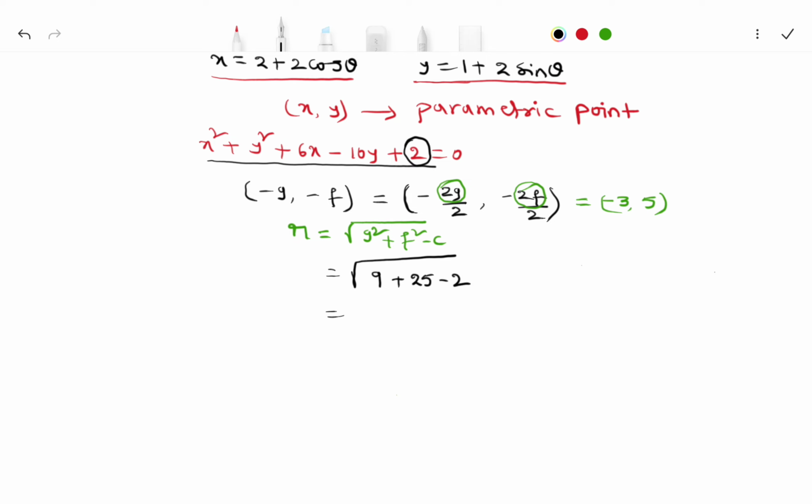This value will be 25 plus 9, that is 34, 34 minus 2 is 32, so r is the square root of 32. So after you know the center and radius, how to find either the parametric equation or parametric point, we discussed very clearly in the above example.